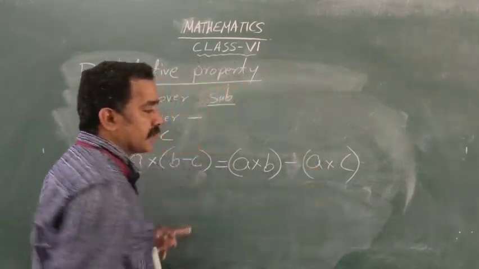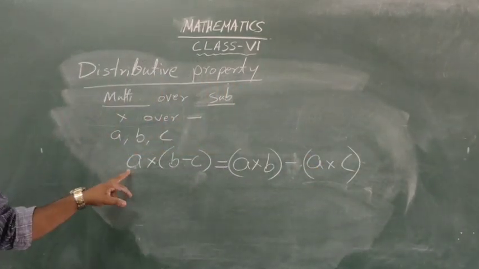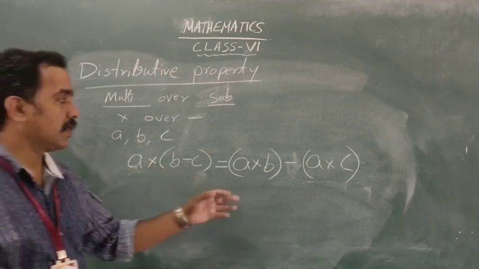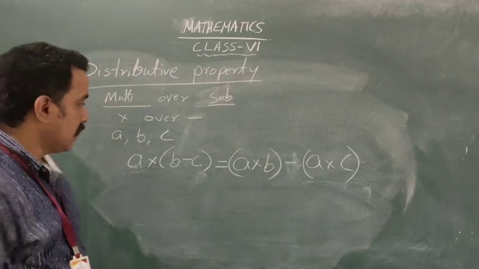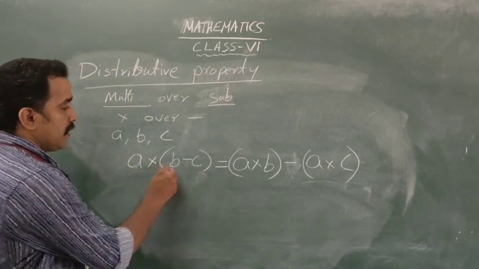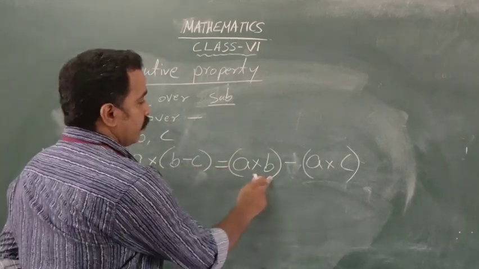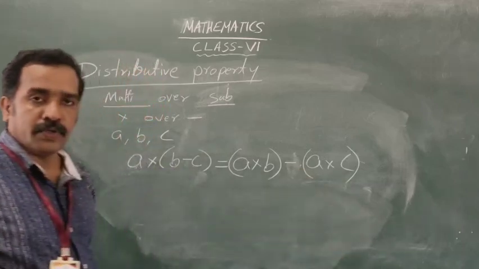Instead of adding, we are subtracting only. We distribute a to b and a to c, then find the difference of those products. That is a into b minus c is equal to a into b minus a into c.